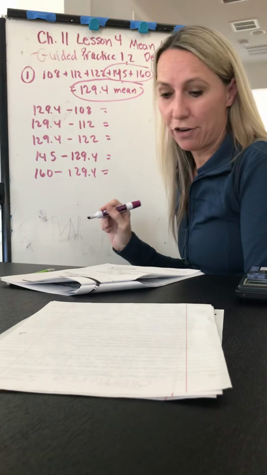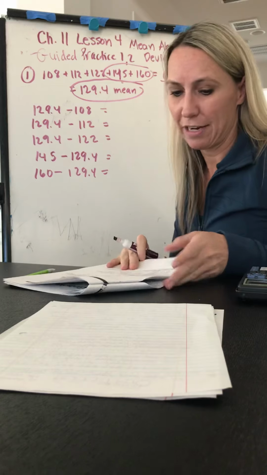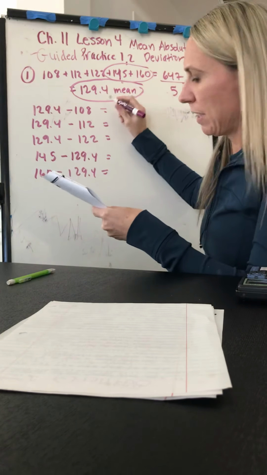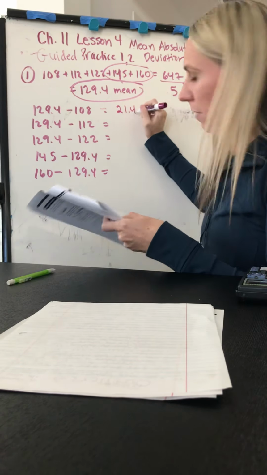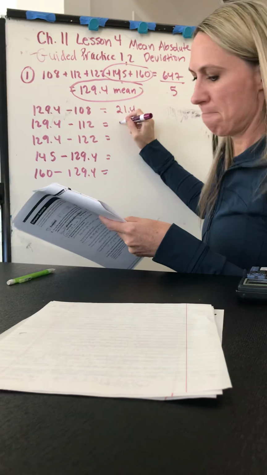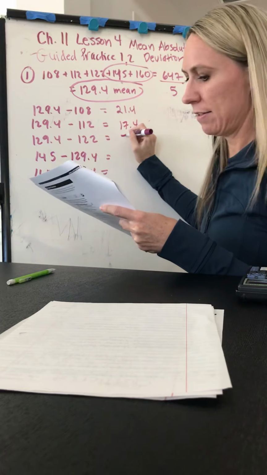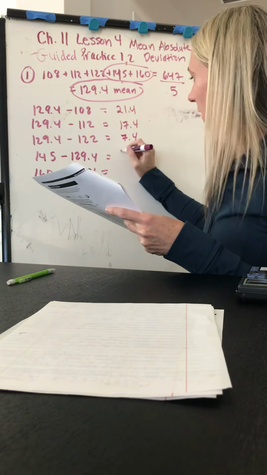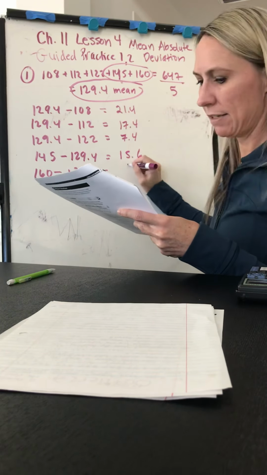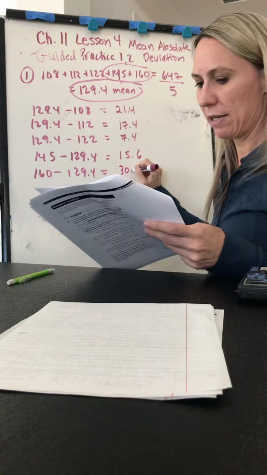And if you think this takes forever, you're right, this takes a very long time. So the first one, we get 21.4, and then we get 17.4, and then we get 7.4, and then we get 15.6 and 30.6.